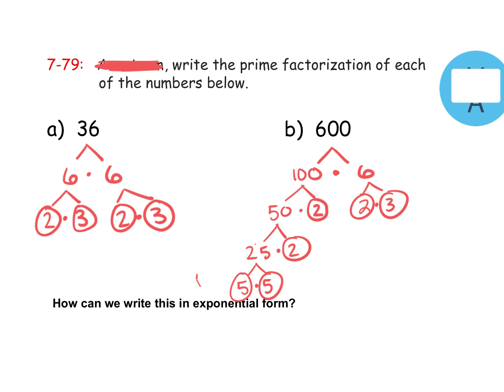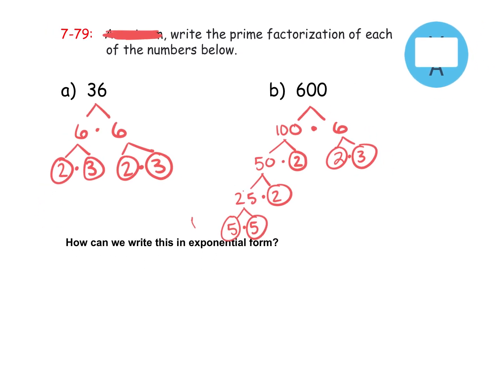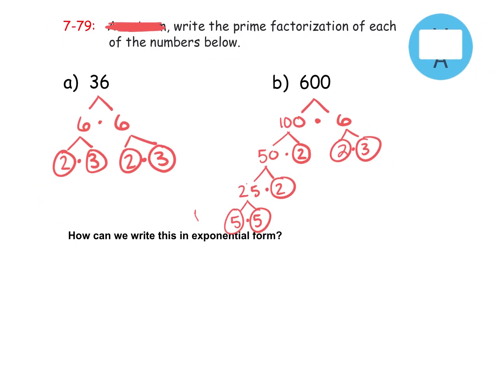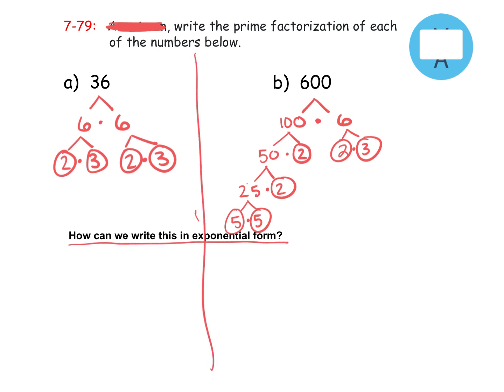All right, now down here, I didn't have you do this. Maybe some of you tried, and that's terrific. It says, how can we write this in exponential form? So for the 36, what we would do is you take the smallest circled number, and that's a 2. And then we count how many we have. 1, 2.